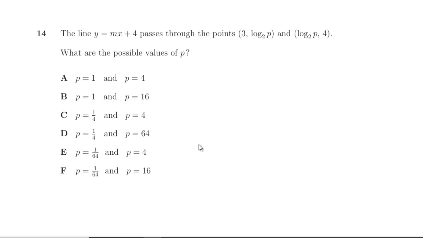Then we've got 14. The line y equals mx plus 4 passes through those points. What are the possible values of p? So we've got log base 2 of p equals 3m plus 4. And we've got 4 equals m log base 2 of p plus 4.